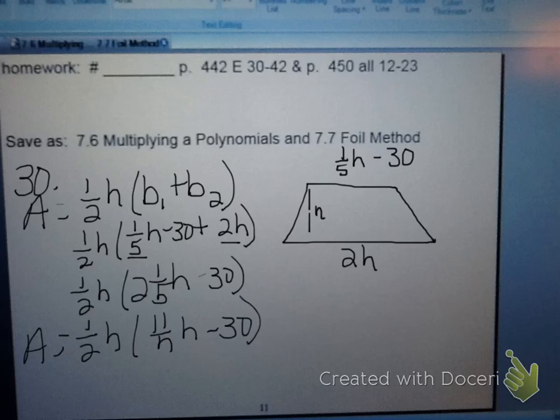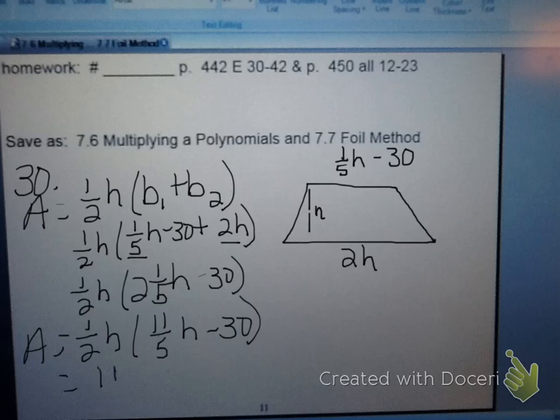I have to do the distributive property. I can either do the distributive property or I can go ahead and plug in what h is. I am going to go ahead and do the distributive property and get 1/2, multiply 1/2 times 11 over 5 h.